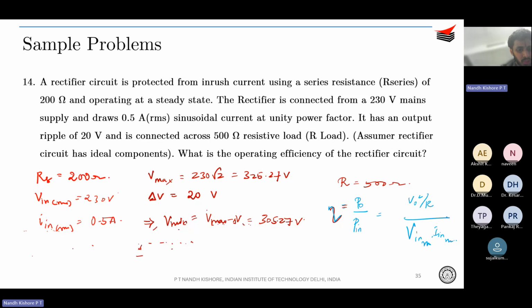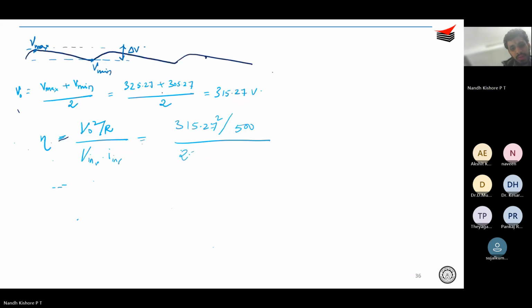V in is given as 230 volt and I in is 0.5 amperes. 230 into 0.5 is 115, and 315.27 squared divided by 500.